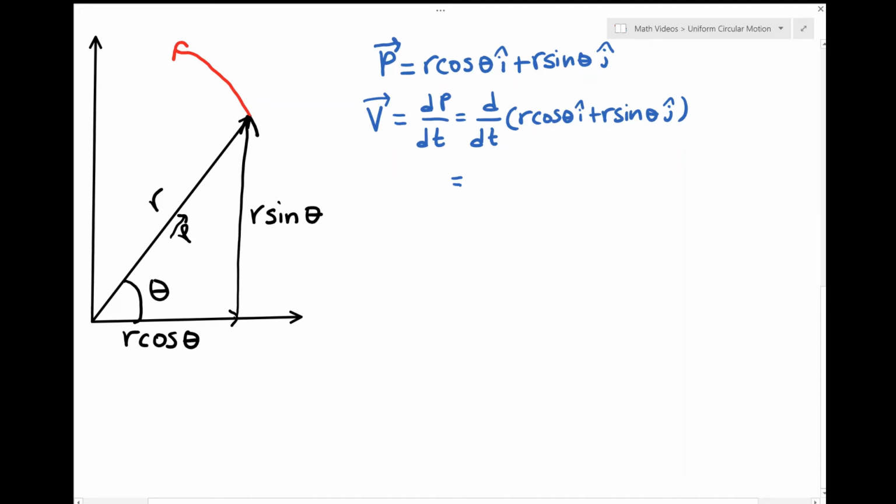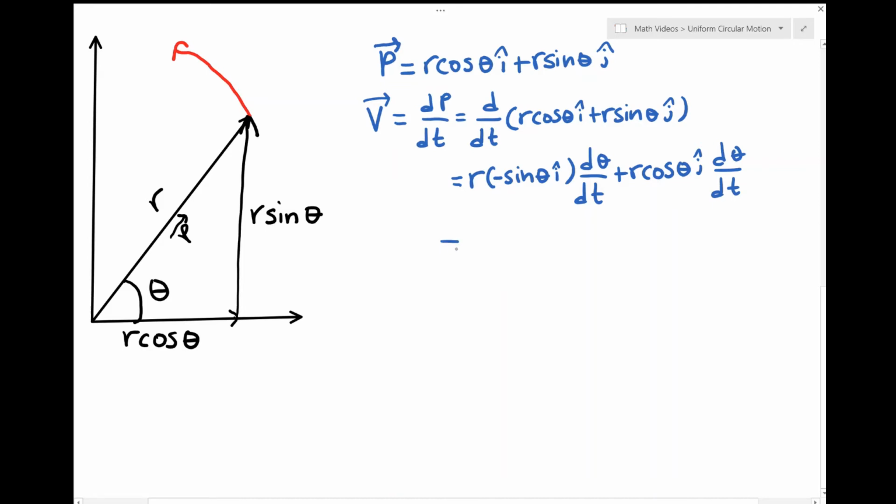Since R is a constant, we have R times negative sine theta i hat times d theta by dt plus R cosine theta j hat d theta by dt. And we're going to replace all the d theta by dt with omega, lowercase omega.